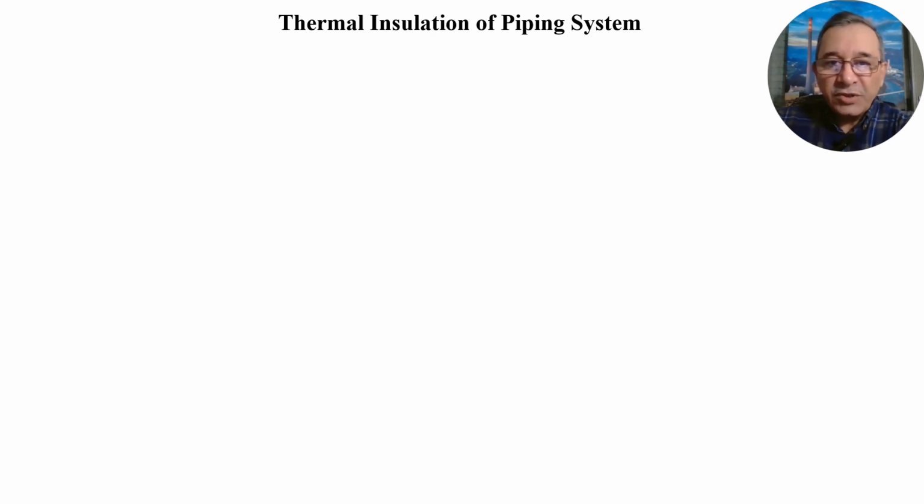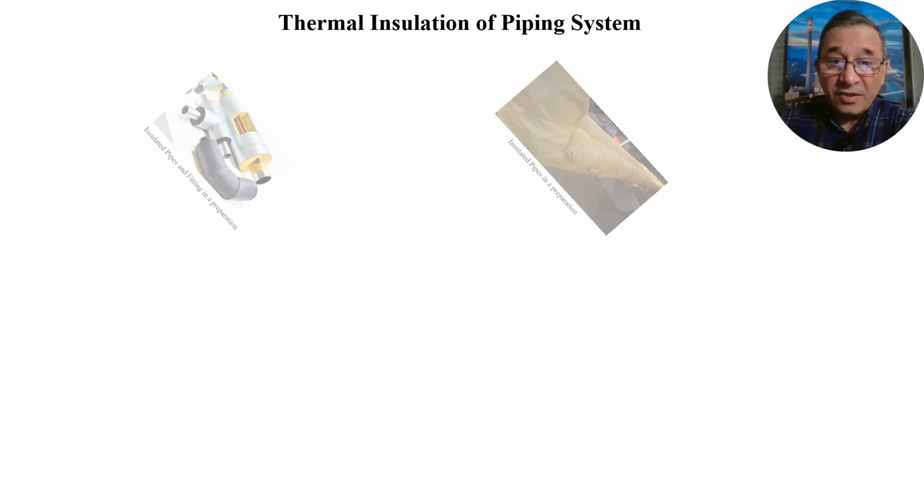We have mentioned the thermal insulation in the previous episode for the plane wall. Similarly, we have some insulations which are used for any piping system to reduce or minimize the heat losses or heat gain from the fluids that are passing inside these tubes.